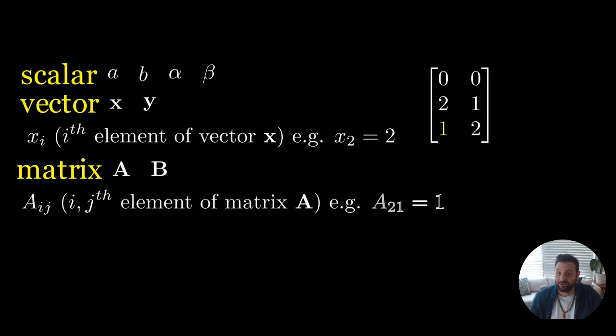Matrices are represented with uppercase letters, and obviously they have two subscripts, two dimensions. Of course, we will eventually deal with higher dimensional matrices, 3, 4, 5, 6 dimensional, and we will call them tensors, but let's not worry about that yet.